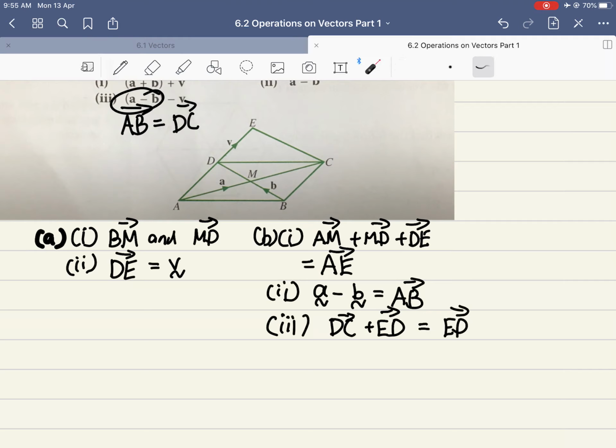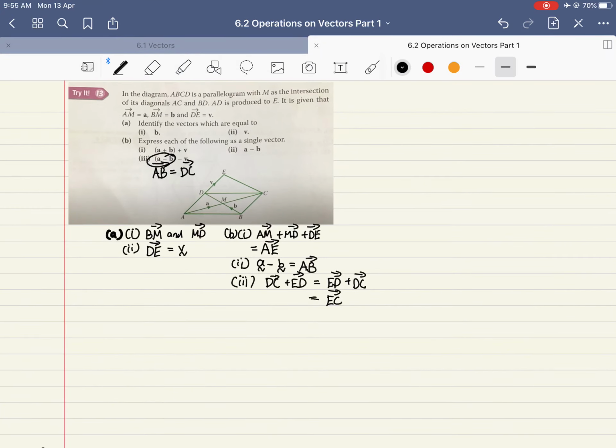They are equivalent. I know it's a bit confusing, but instead of writing DC plus ED, why don't I switch it around and take ED plus DC instead. So the equivalent vector itself is equal to EC.